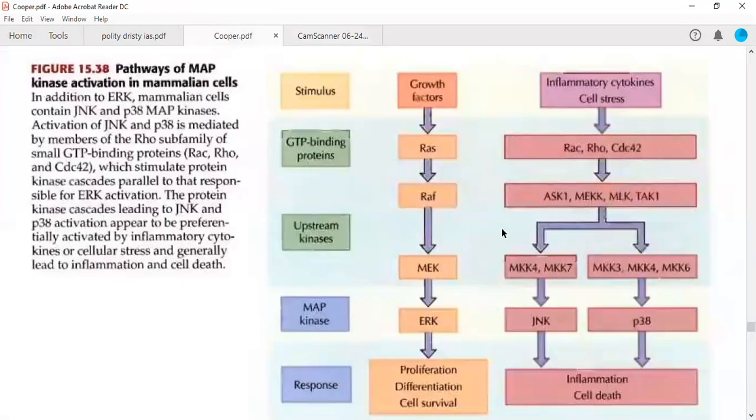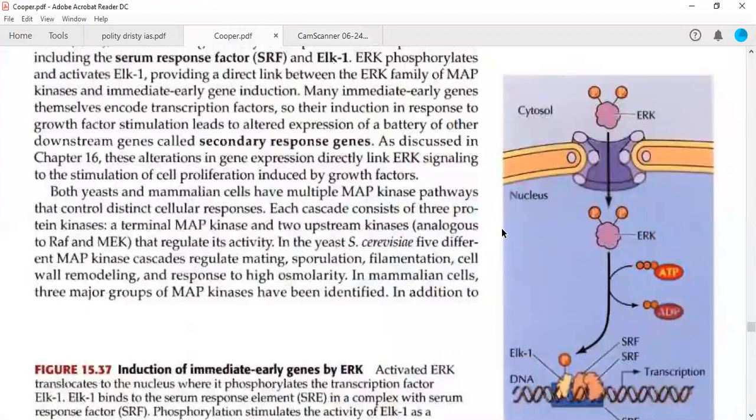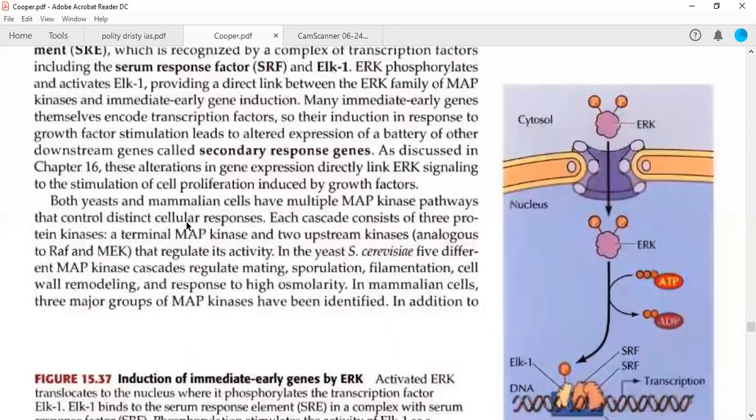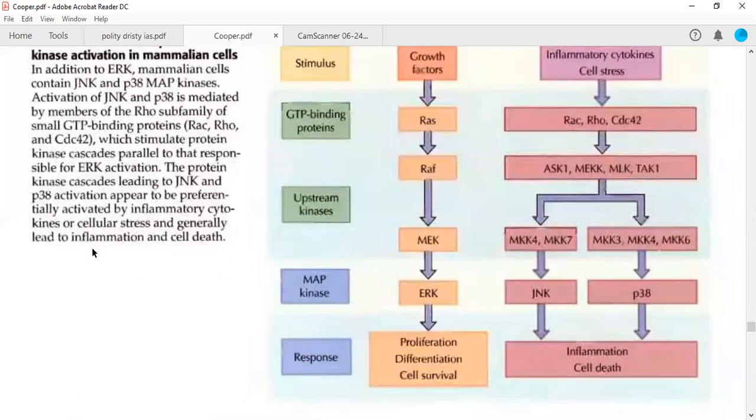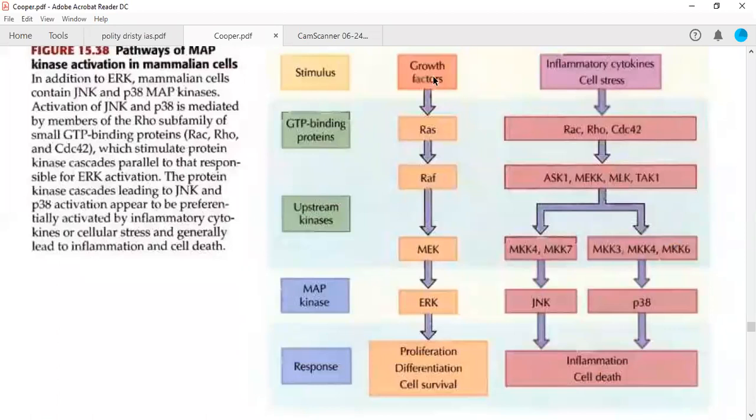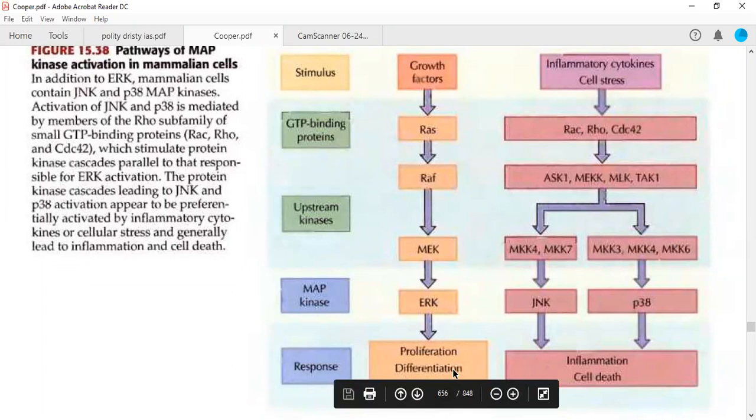Now the one more thing which is left in this pathway is, besides this MAP kinase pathway, which is MEK signaling, there are another type of proteins called JNK, that is Jun N-terminal kinase, and P38 MAP kinases. So you are able to understand this cell survival and proliferation or differentiation pathway, which is under the control of some growth factors.